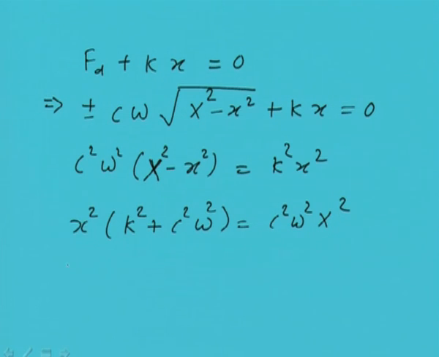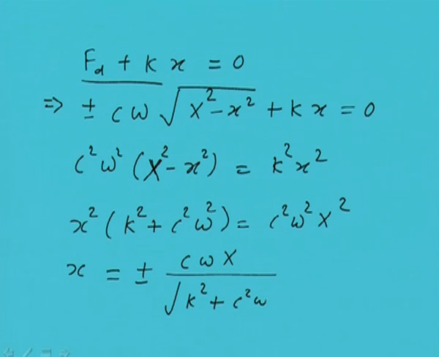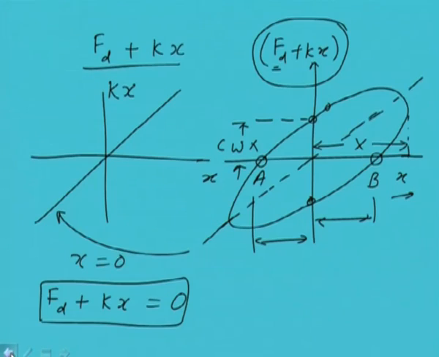Now you can see that we got the location where this quantity is 0, x equal to CωX divided by √(k² + c²ω²). So plus minus, two locations we got, and these are corresponding to the A and B points.